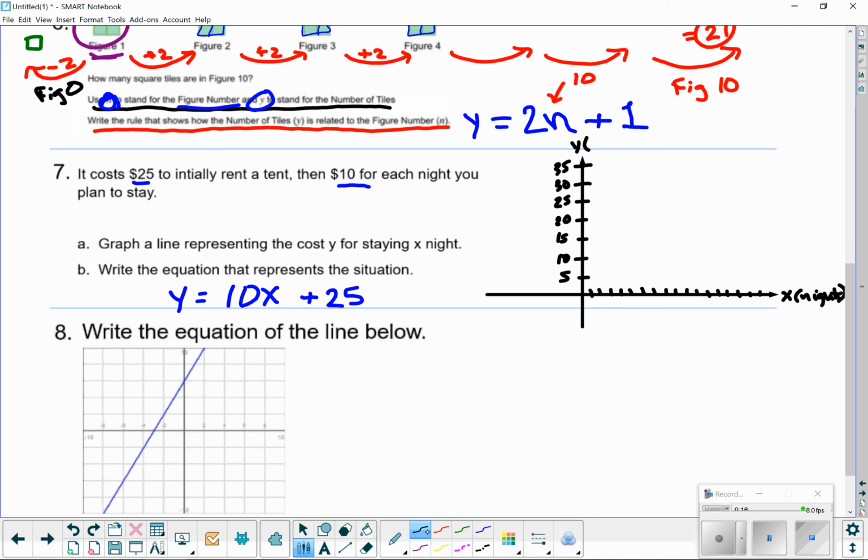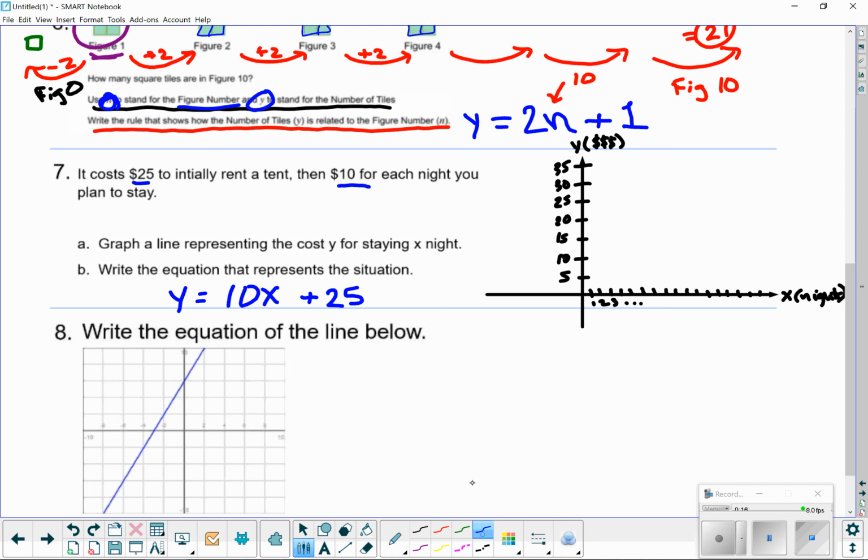Because that's what cost is measured in. And then your nights, that's how many different nights. So it's going to just stay as nights, right? So I'll just put 1, 2, 3, 4.